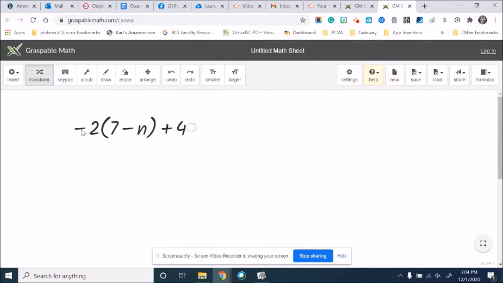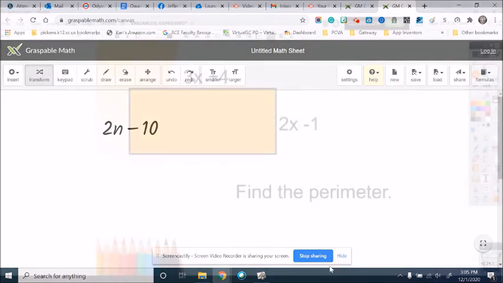So now I can take the 2 and multiply it by everything inside the parentheses. And then also I can click on that negative 1 and it multiplies it by everything in the parentheses. Now I can bring this guy over here. And again, we want it to be 2n minus 10 to be in standard form.